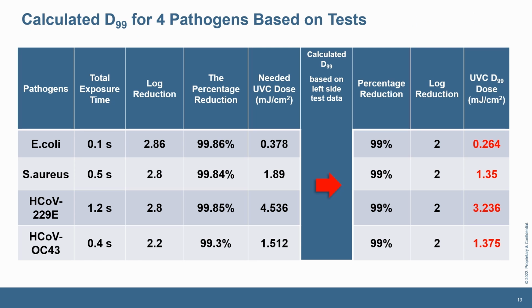This slide shows some test results using the UVC device for 4 pathogens. For comparison purposes, based on the test results, we calculated D99 for each pathogen. D99 means the dose that can inactivate 99% of pathogens.